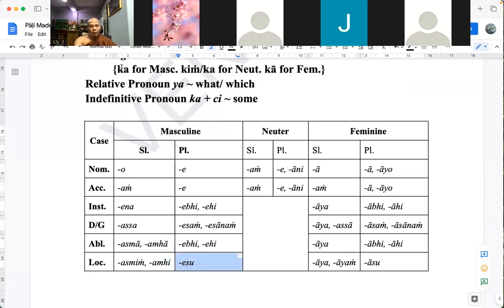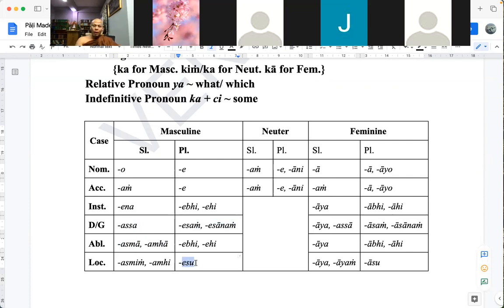The same way for the ka also: ko, ki, kam, kena, kebi, kehi, and kasa, kesan, kesanan, and kasama, kama, kebi, kehi, and kasame, kami, kesu. For masculine, exactly the same.